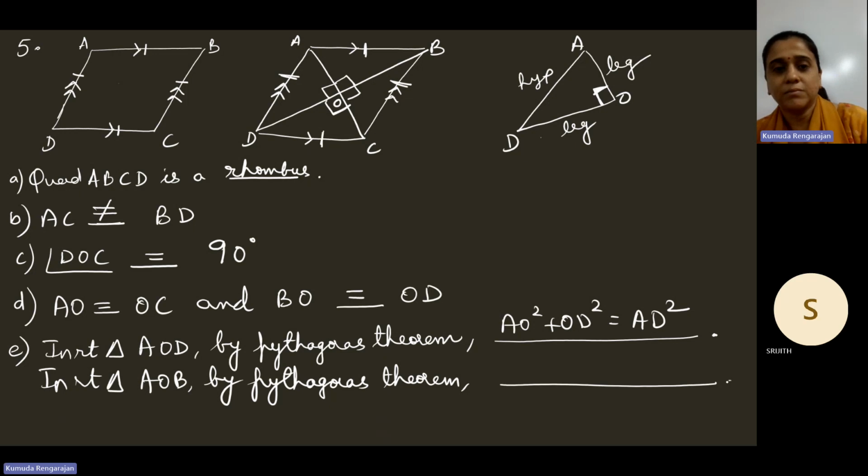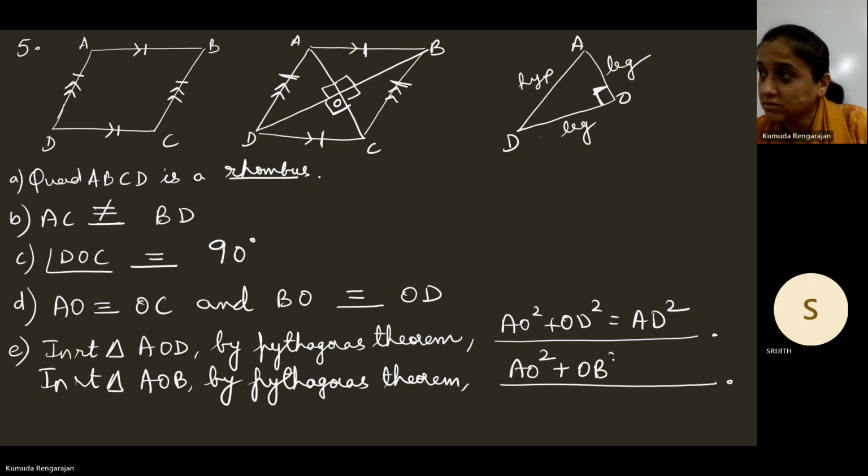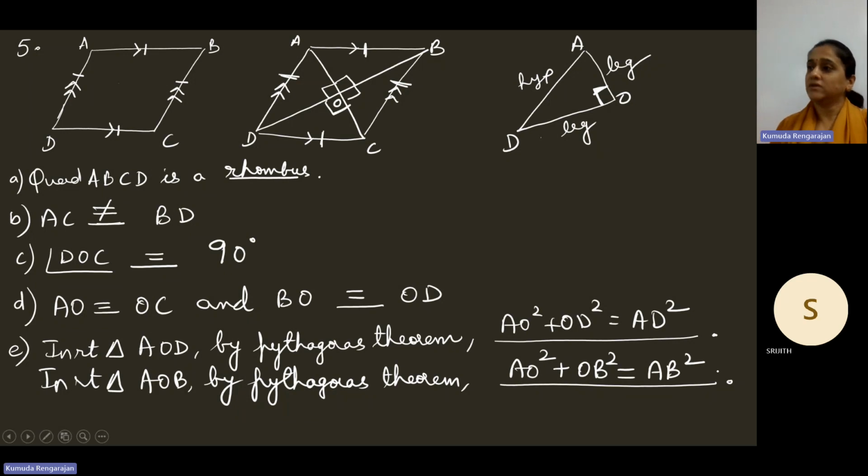AO square plus OB square is equal to AB square. Okay, very good.